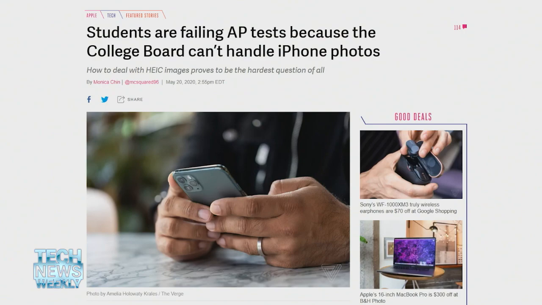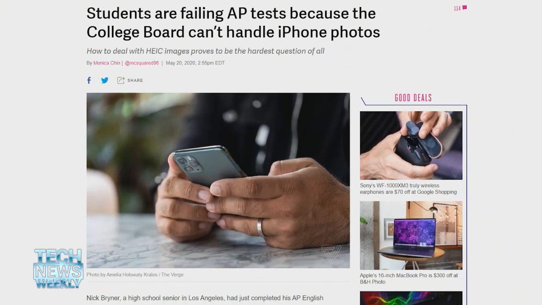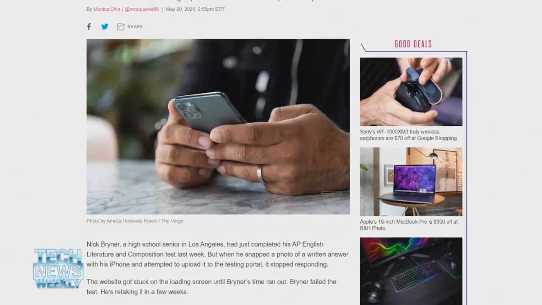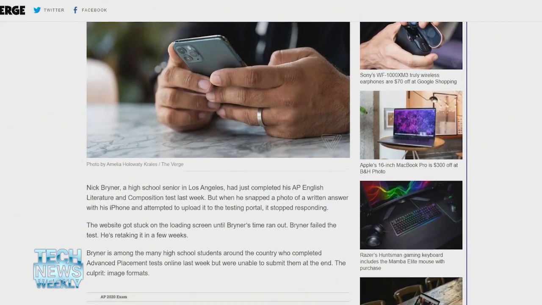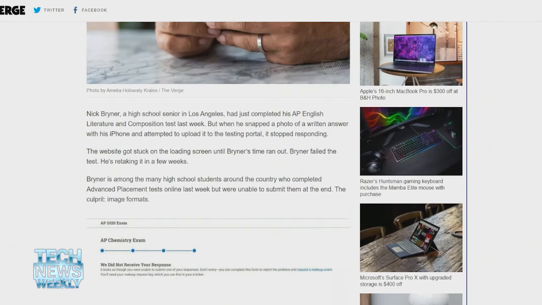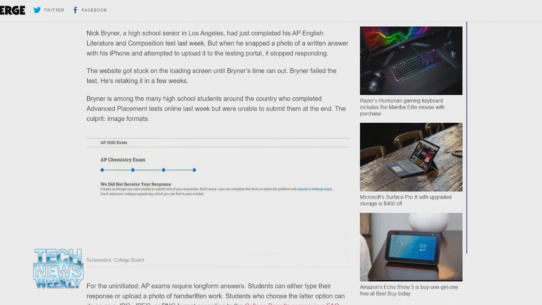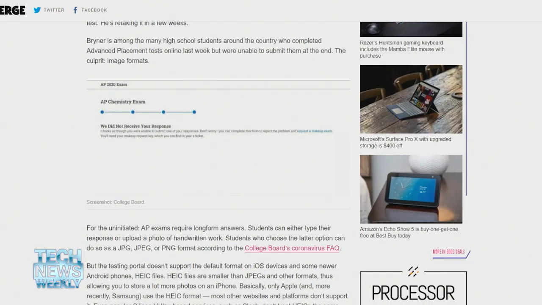If they have the option to, and in a lot of these cases they do, they can instead just write out their work or write out their answer and submit a photo of it. That's going to be easier for them. On a lot of these tests, they have the option to either type out an answer or handwrite and submit a photo. And that's just the easier thing for a lot of them to do.